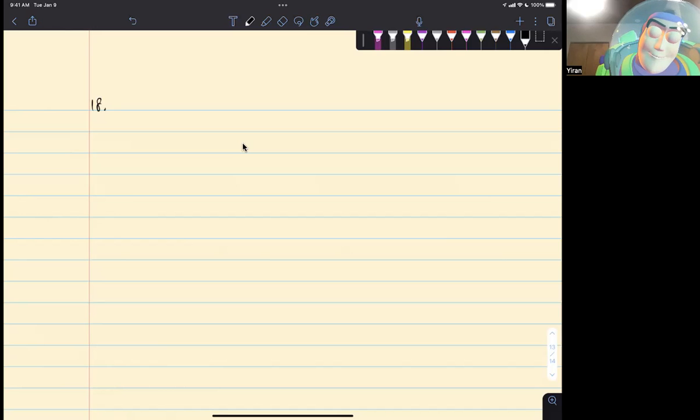Since W is a neighborhood of W1 to Wn, we can write W as J1 to Jn.